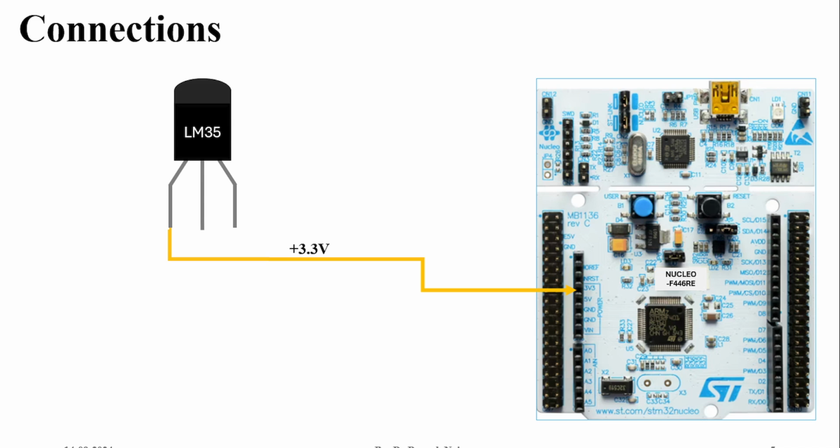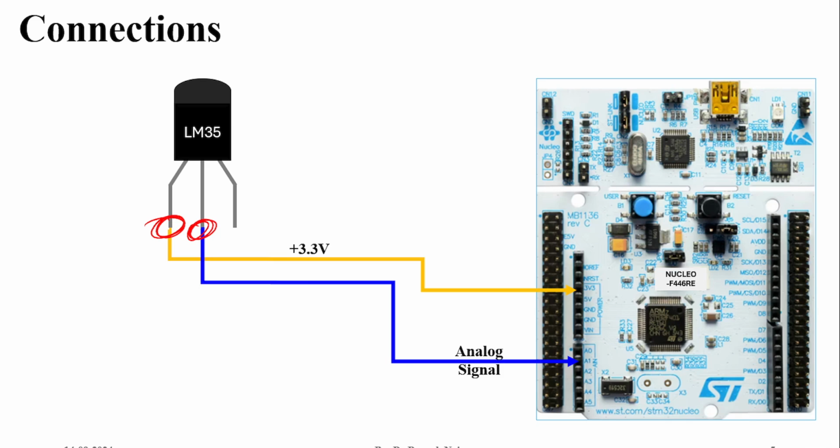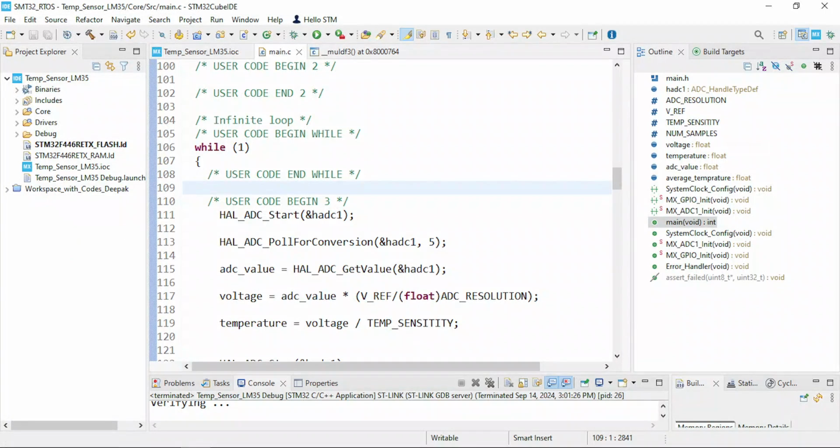We'll be connecting 3.3 volt to the leftmost pin of the LM35, and then we'll be connecting the middle pin of the LM35 to the A1 channel of the STM32 Nucleo F446RE microcontroller board, and the rightmost pin of the LM35 will be connected to the ground pin. Now let us see how we can write the code to average all the values.